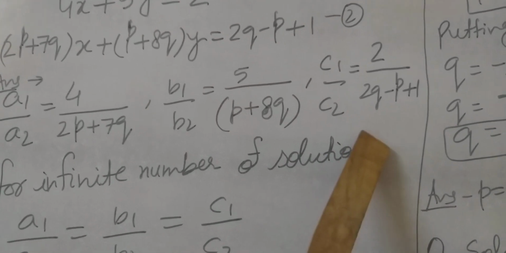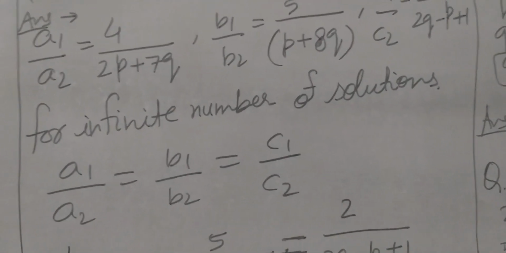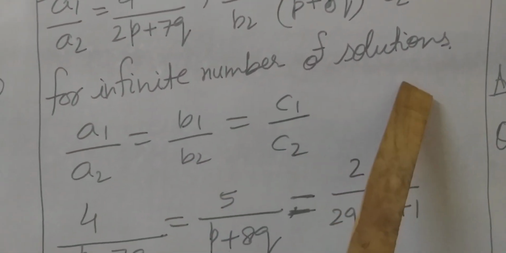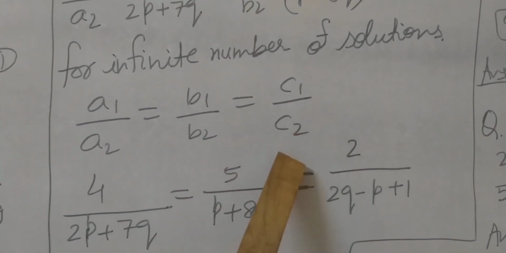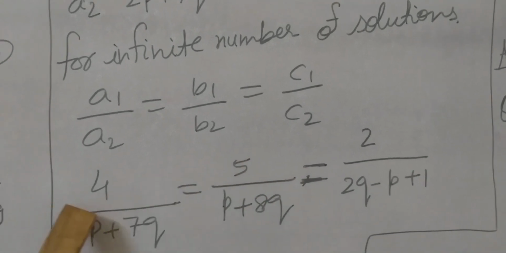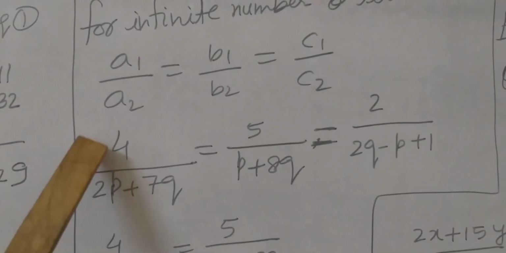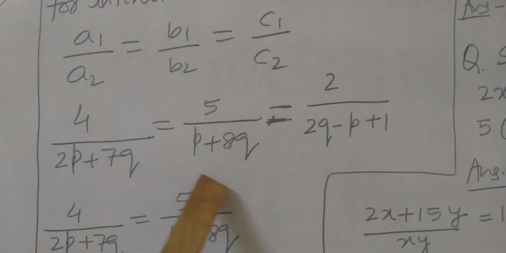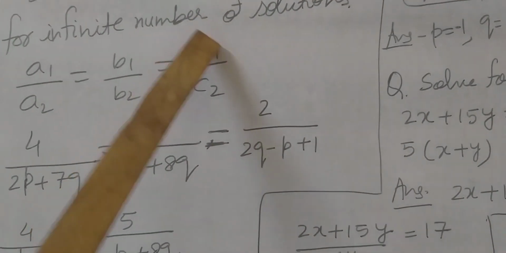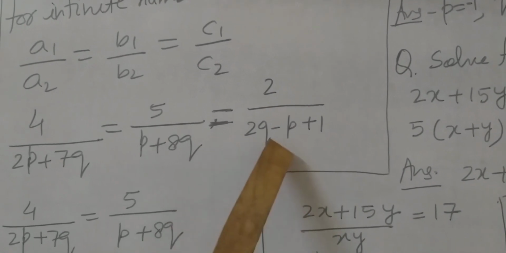Okay students. We know that the condition for infinitely many solutions, students, is a1 upon a2 equals b1 upon b2 equals c1 upon c2. So let us put in the values: a1 upon a2, 4 upon 2p plus 7q, b1 upon b2, 5 upon p plus 8q, c1 upon c2, 2 upon 2q minus p plus 1.